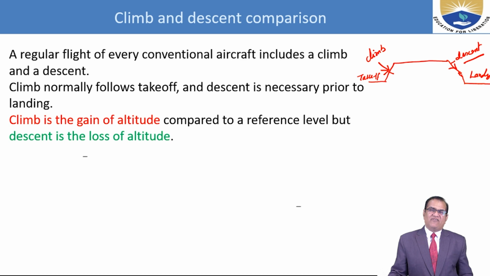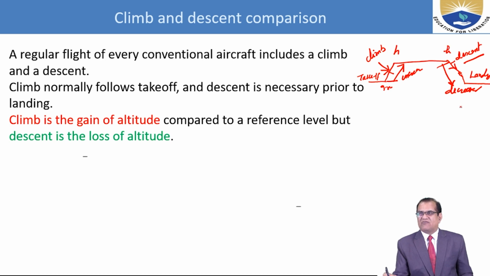During the climb altitude is increased, and during descent altitude is decreased. So altitude here is decreasing and here it is increasing. So it is opposite in nature.